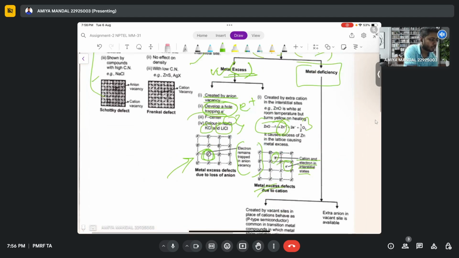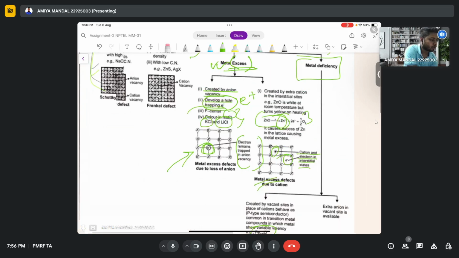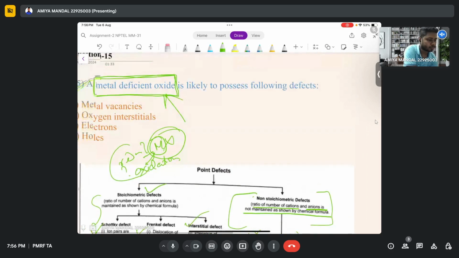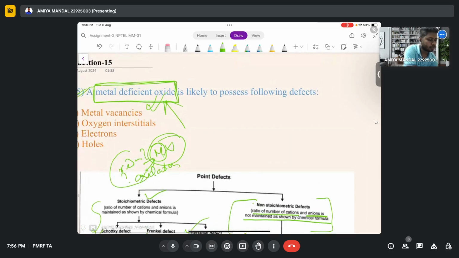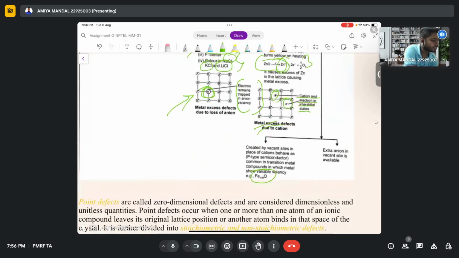And what is the metal deficiency? Here we are interested in the metal deficiency defect. What deficiency is being created here? It is created by a vacant site of the cation. This is a p-type semiconductor behavior.